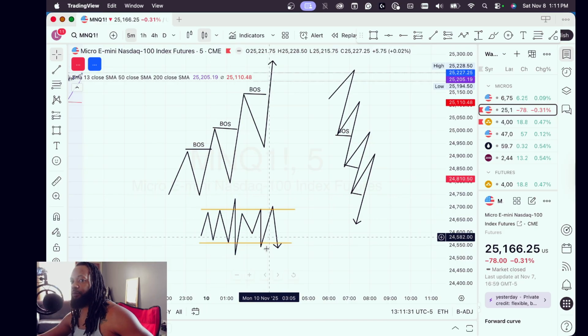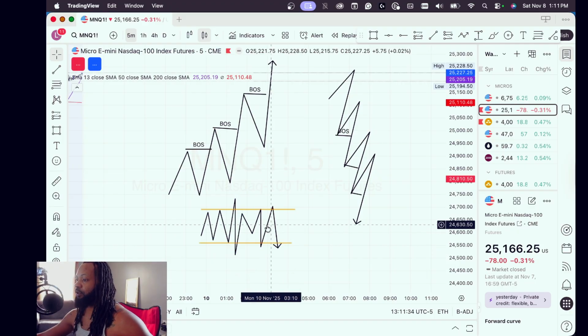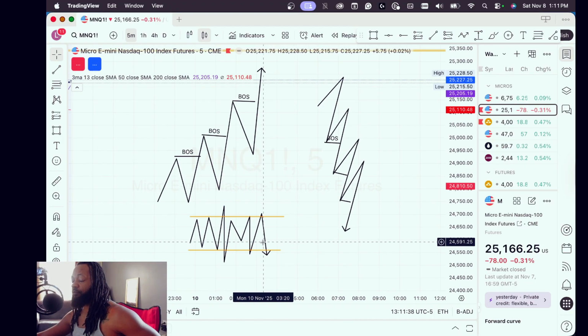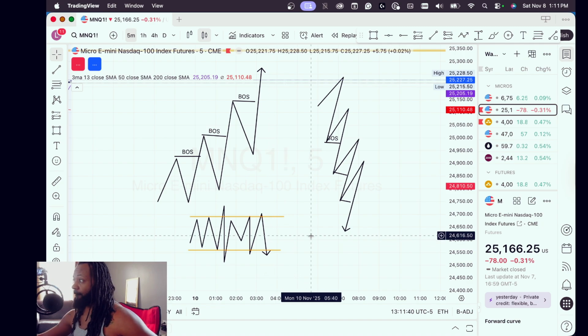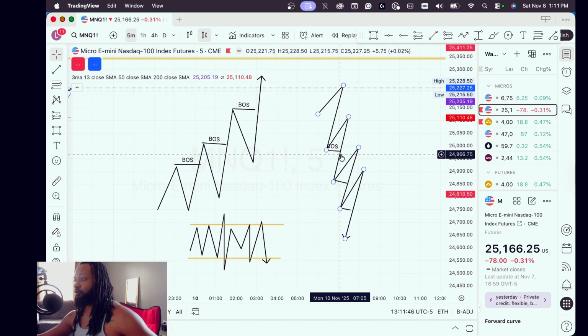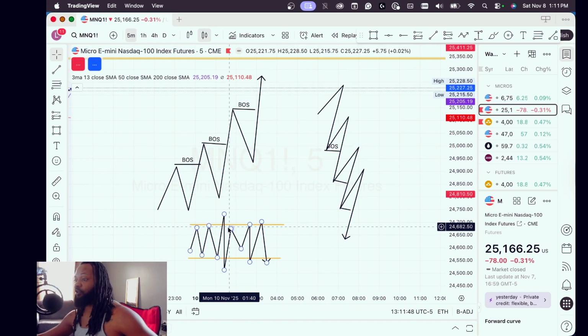I try to avoid these choppy markets. Never trade in the choppy markets, that is, if your strategy allows it. So it's uptrend, downtrend, consolidation, range, sideways market.